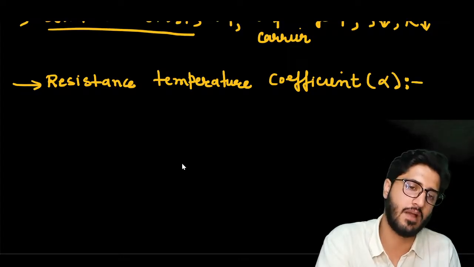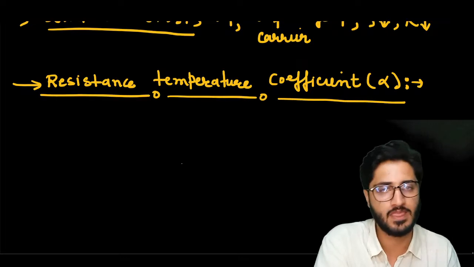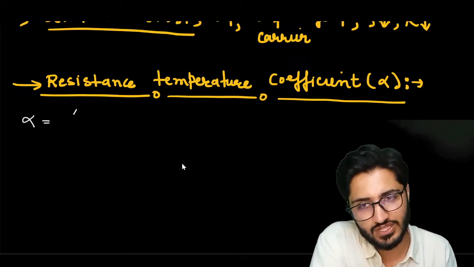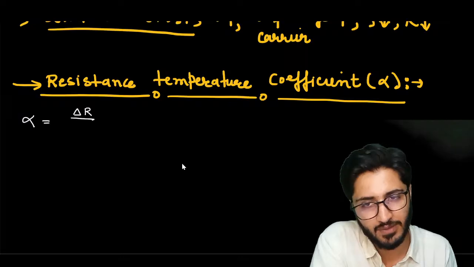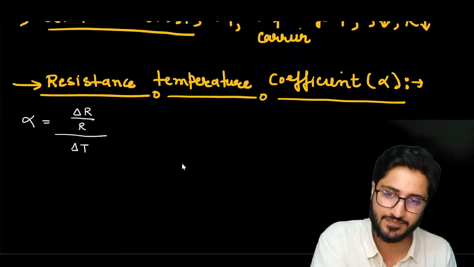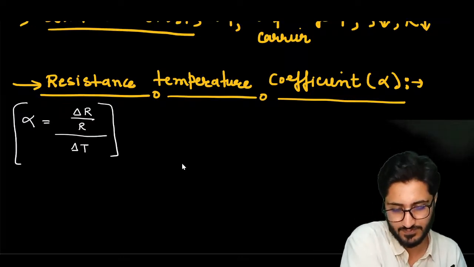I know that you are familiar with the alpha, right? Alpha equals change in resistance divided by resistance whole, divided by change in temperature. This is the equation to get your alpha.